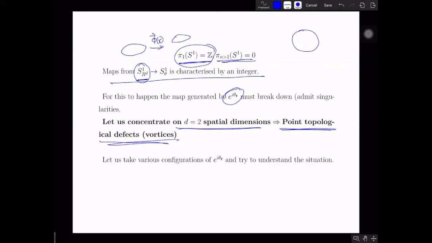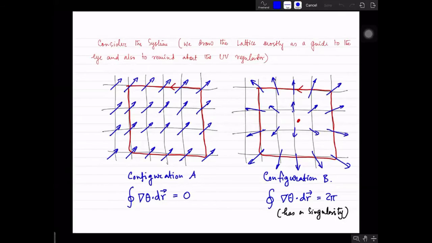Okay, good. So let's try to understand what these statements mean that we learned yesterday in the context of this. Let's draw various configurations, which you may be familiar with, but let's go through them in slight detail. Consider two systems. Let's draw a lattice, mostly as a guide to our eye, and also to remind ourselves that there is a UV regulator.